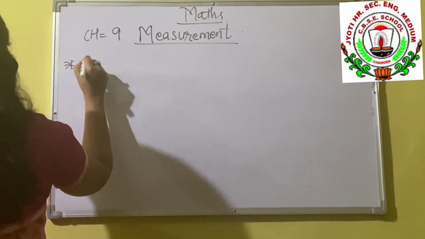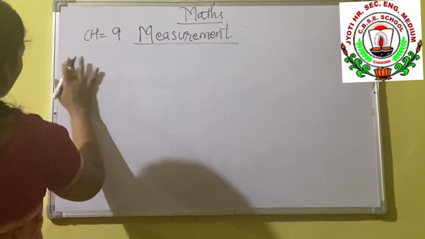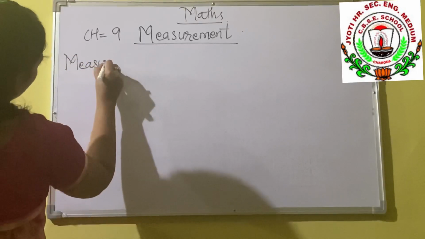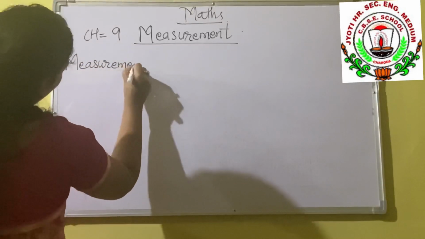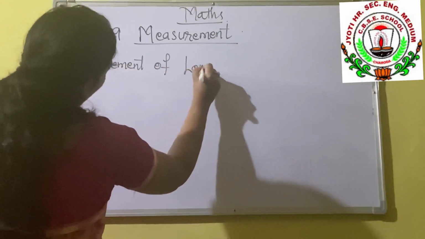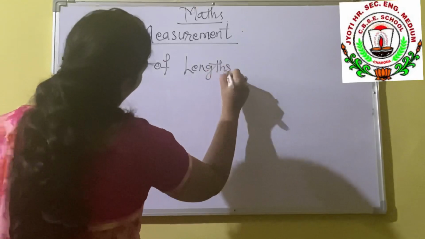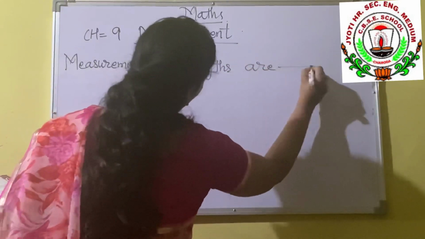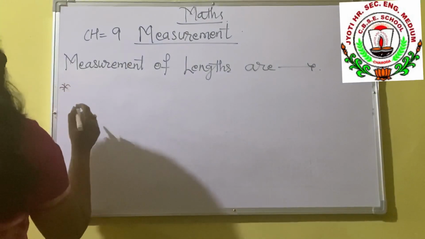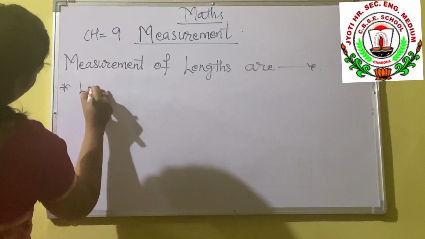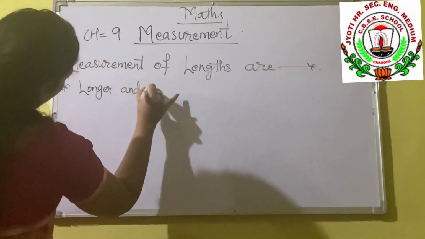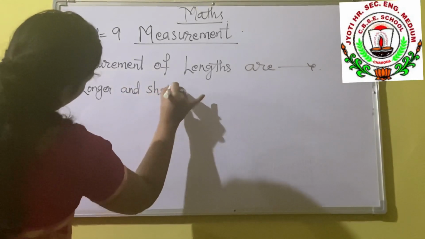We measure which things? Measurement of lengths are. First is longer and shorter.